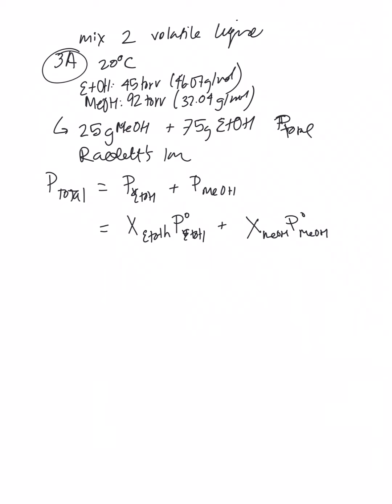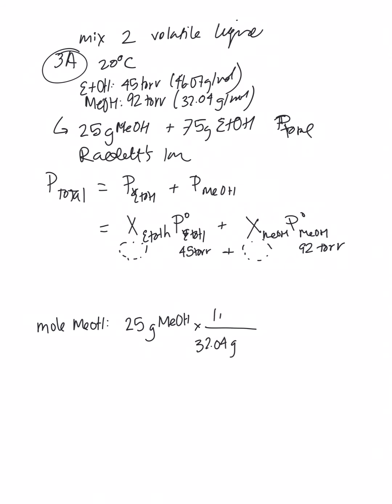So we are given these values. The vapor pressure for pure ethanol is 45 torr, and the vapor pressure of pure methanol is 92 torr. So we have to solve for our mole fraction for each, and to do that we have to get our moles, which we have what we need for. Our moles of methanol are equal to 25 grams of methanol, and we convert to moles by dividing by the molar mass, 32.04 grams per 1 mole.